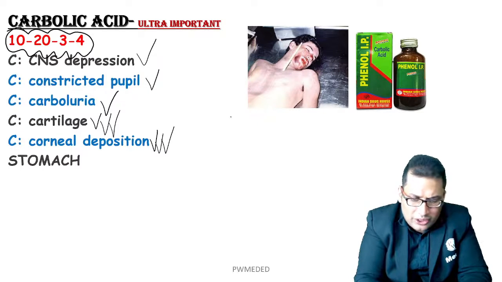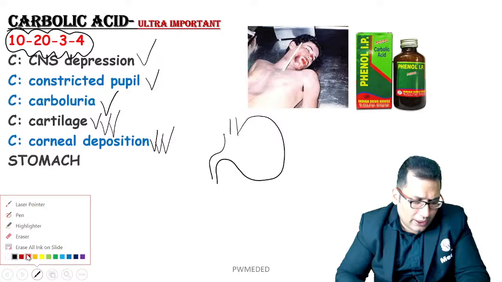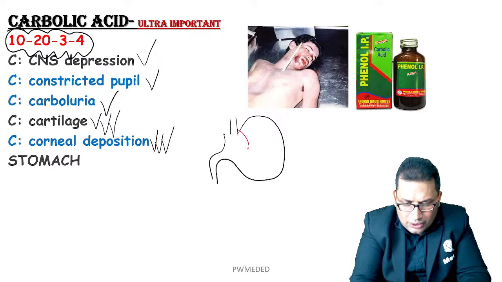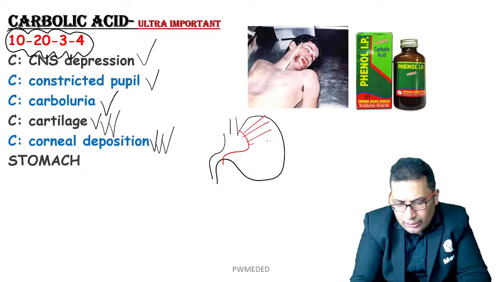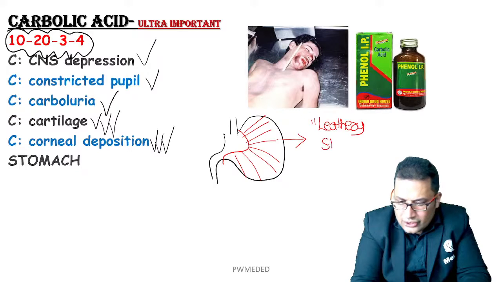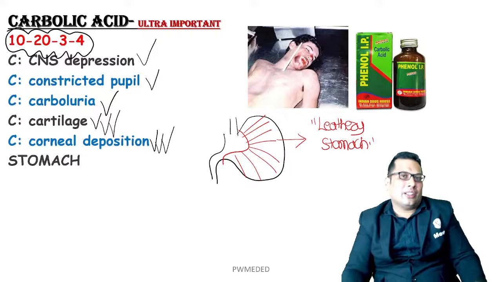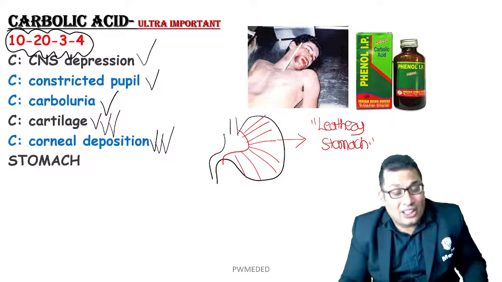When you see the stomach, there will be hardening of the stomach. This is known as leathery stomach. Two MCQs: leathery stomach is seen in carbolic acid, and red velvety stomach is seen in arsenic poison.